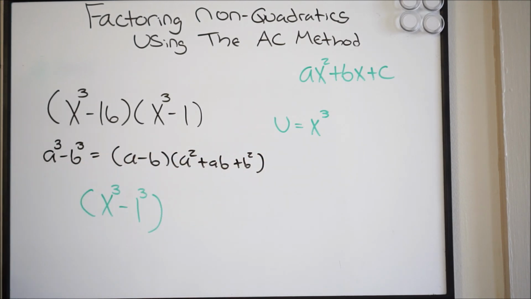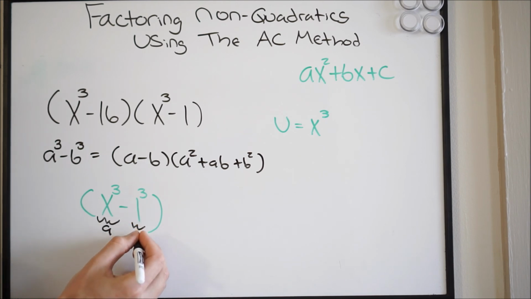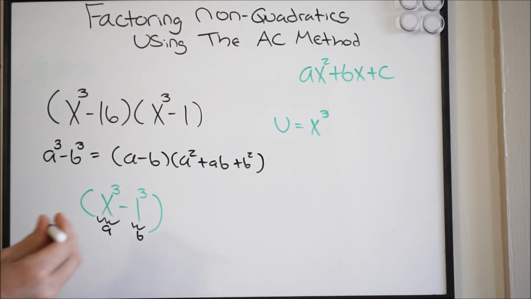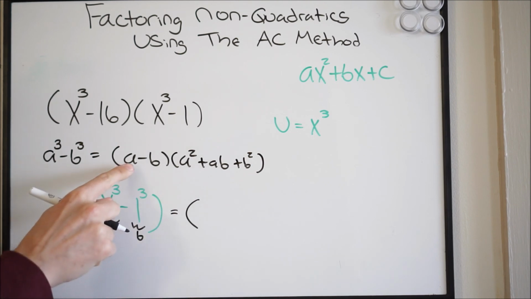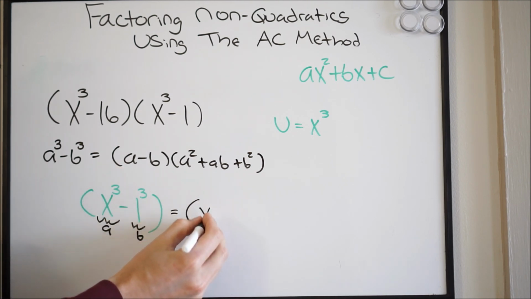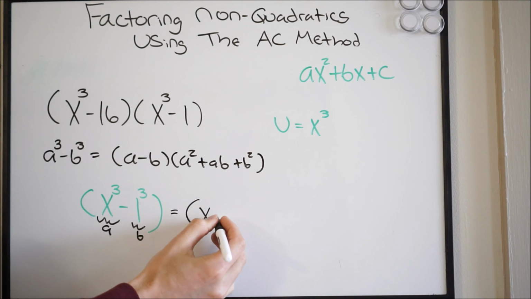Just to label this, x is our a, and 1 is our b. So let's plug this in. When we expand this out, we have our a, which is x, minus 1.